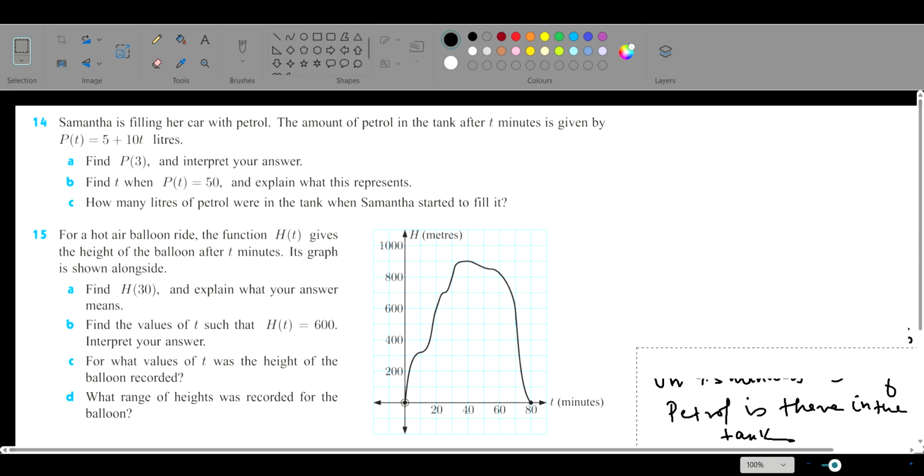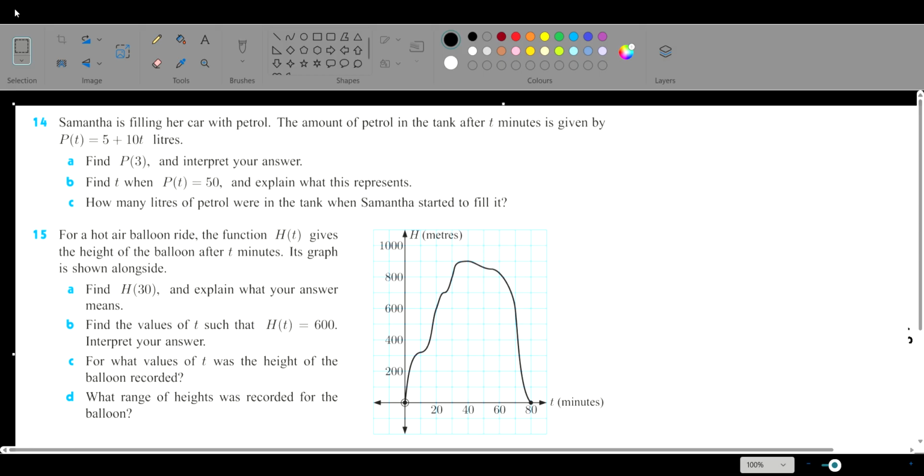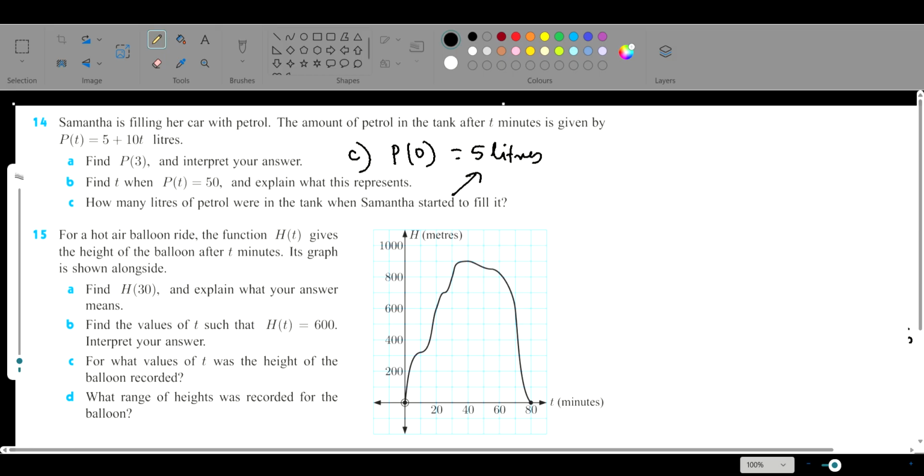So 5 liters of petrol was there in the tank before she started filling. So P(0) is 5 liters. So how many liters were there? 5 liters were there.